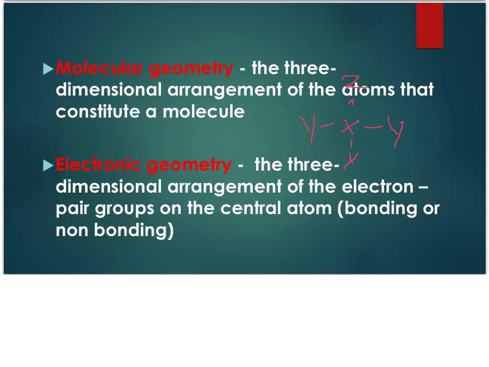Now, when we get to our electronic geometry, it's the same three-dimensional arrangement, but we look at the bonding pairs. So these here represent our bonding pairs and our lone pairs. So we look at the geometry of our bonded pairs and lone pairs around the central atom.